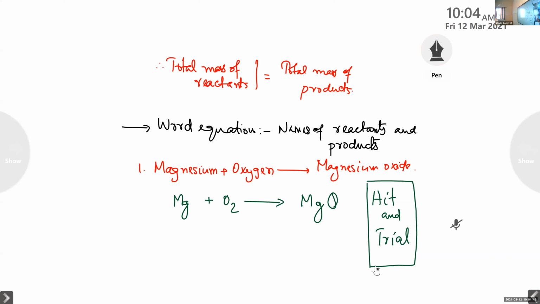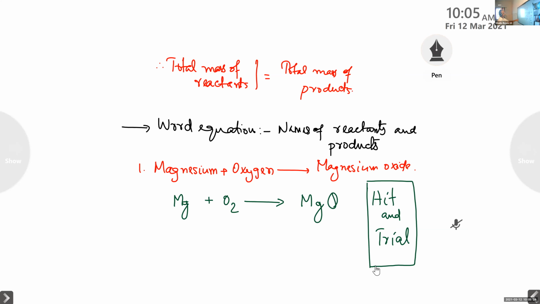Here we make use of the hit and trial method. We simply change the number of atoms and finally come to the balanced equation. We multiply the symbols and formulas using sufficient numbers so that we can equate the number of atoms.